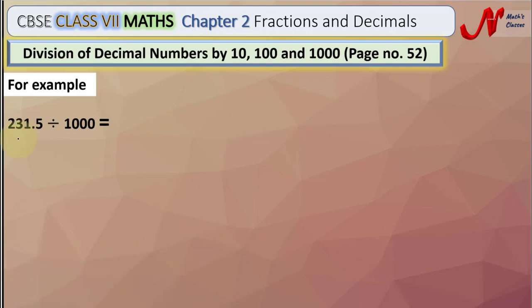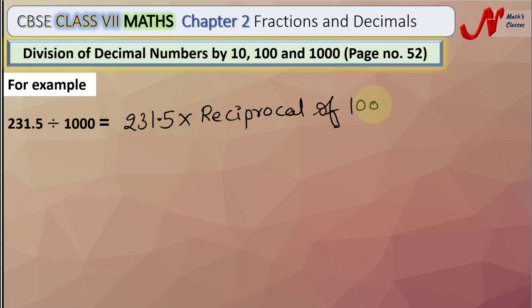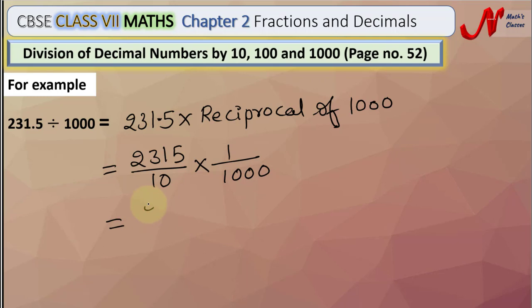Now we divide 231.5 by 1000, so this can be done by 231.5 into reciprocal of 1000, which can be written as 2315 by 10 into reciprocal of 1000, which means 1 by 1000. We get 2315 by 10 into 1000, which is 10,000.